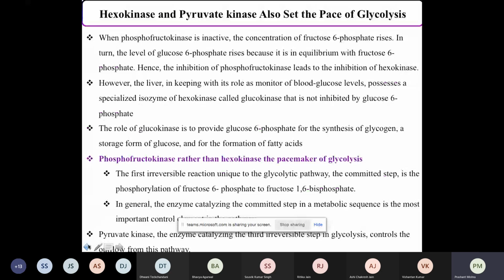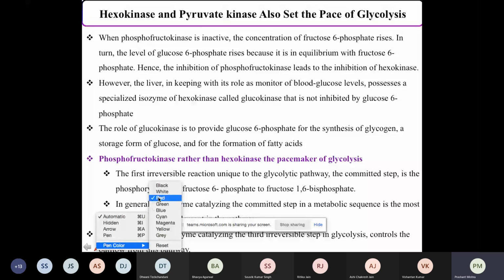So what is happening here is when you are blocking this phosphofructokinase, or it becomes inactive because of the lack of your activator molecule, which is nothing but fructose 2,6 bisphosphate, under those conditions hexokinase becomes inactive because of the high concentration of fructose 6 phosphate, and because of that glucose 6 phosphate also rises. So actually what you are looking at is the product of the reaction inhibiting the enzyme. You know about this, that most of the time the product of the reaction inhibits the catalyst.